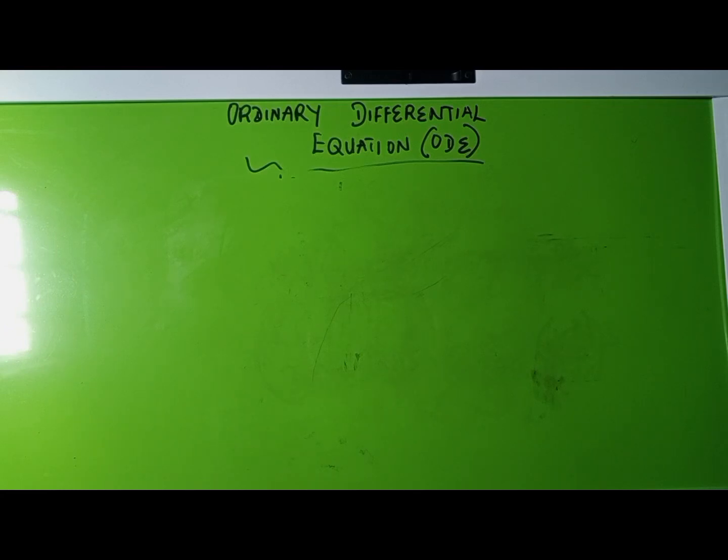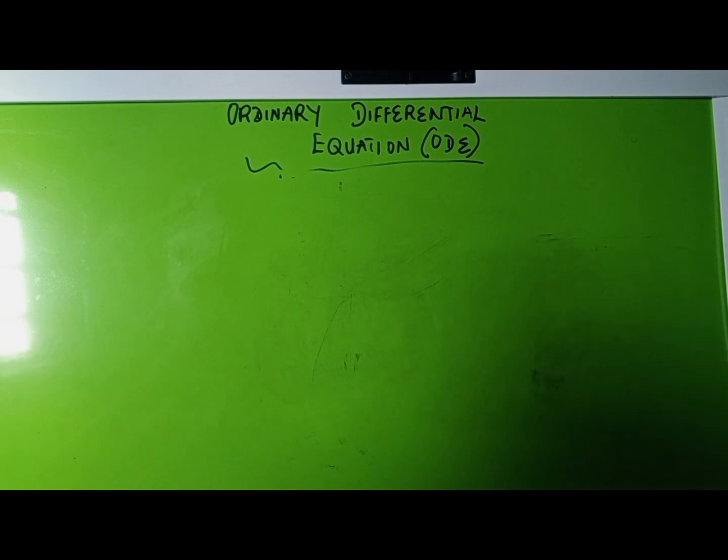If we are given an equation in this manner and we are told to classify the equation to order, degree, dependent variable, independent variable, linearity and non-linearity, let's see if we can classify the equation to those patterns. Now let's take an equation.